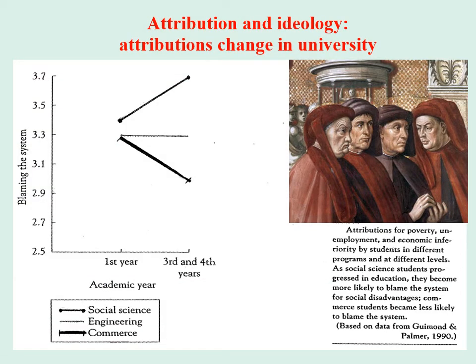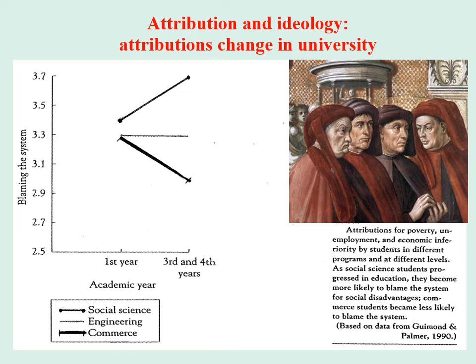It turns out that attributional styles can also be changed by socialization and education. The kind of ideology that you get by doing certain courses at university has demonstrably changed the kind of attribution students made for different outcomes.